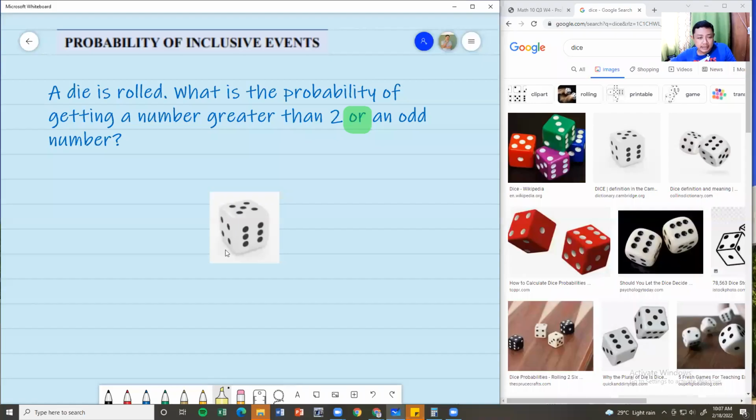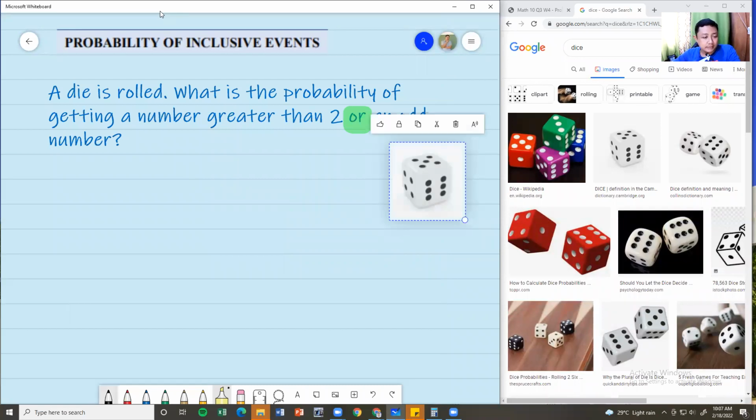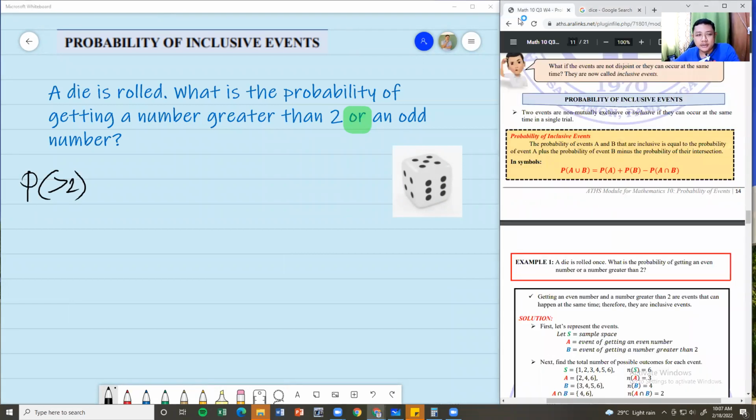So from this die, what's the probability of getting a number greater than 2? And what are those numbers greater than 2? Those are, type them in the chat box, please. What are the numbers greater than 2 when you roll a die?